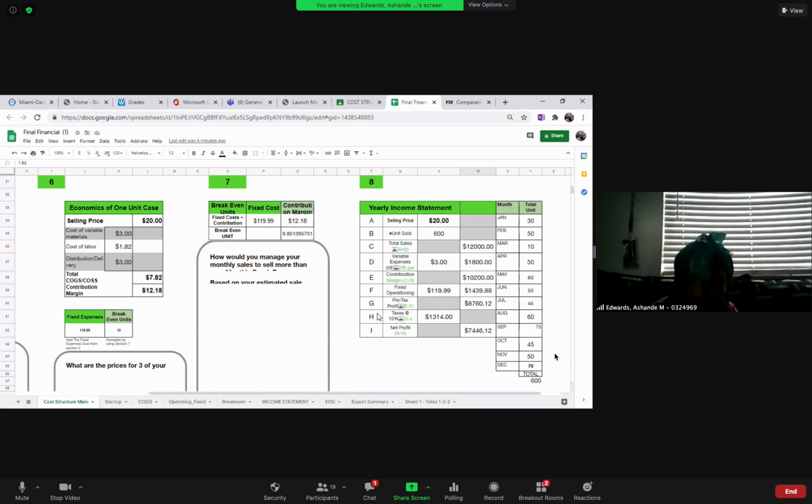It did the math for me here. Pre-tax, E minus F, which gave me $8,760.12. And this also did the math, and it gave me G. I think that's G times one of the letters up here, which gave me 1,114, and my net profit, which is G minus H, gave me $7,446 with 12 cents left over.